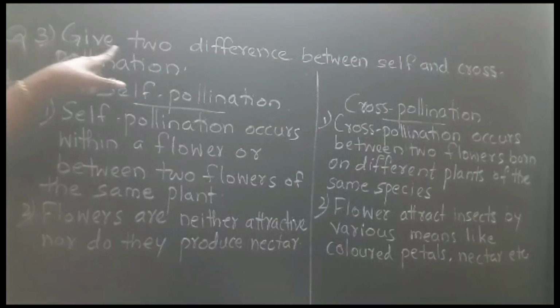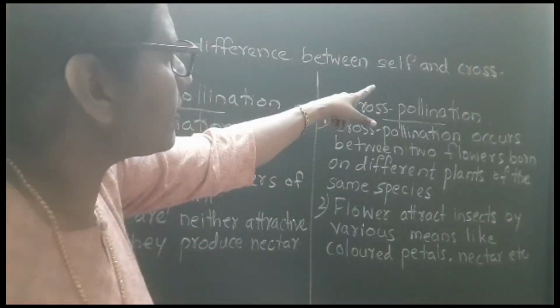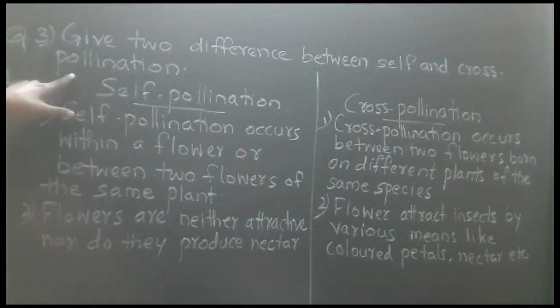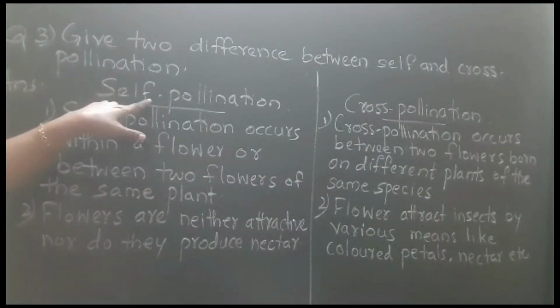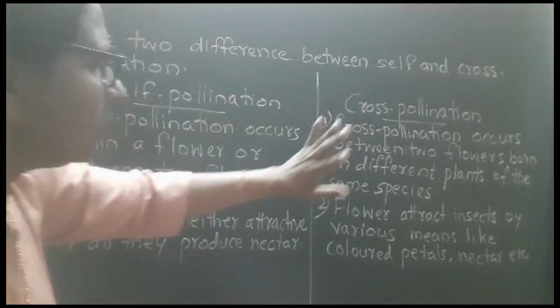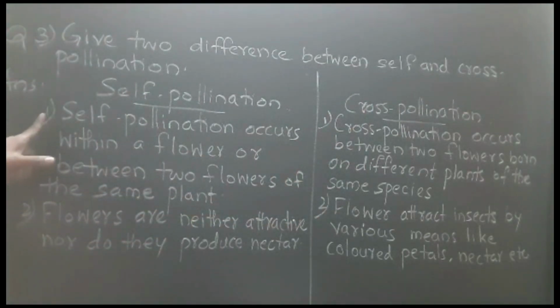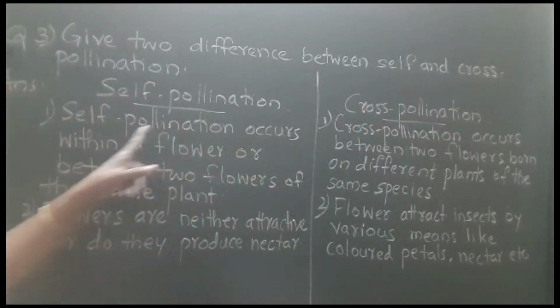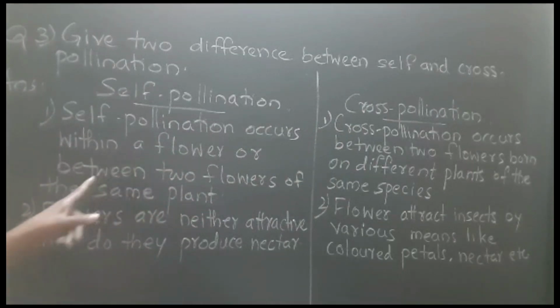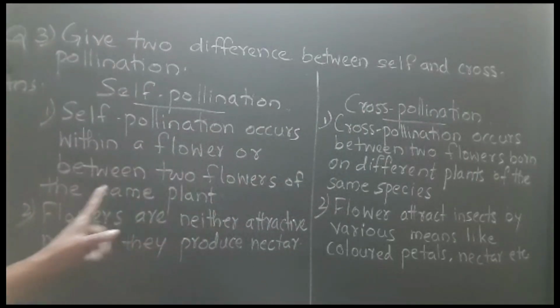Number 3. Give 2 differences between self and cross-pollination. First point, self-pollination occurs within a flower or between 2 flowers of the same plant.